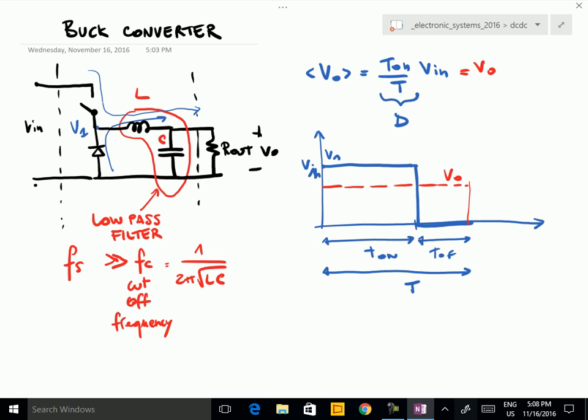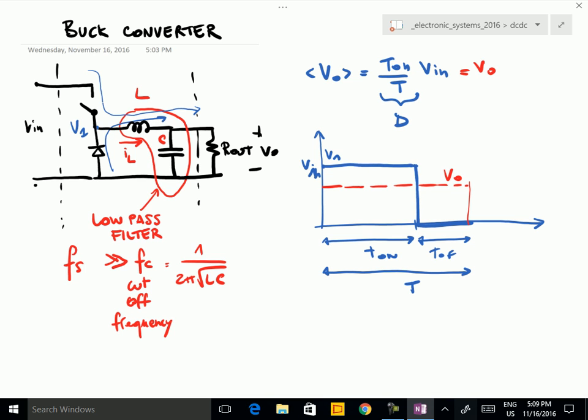Now, one thing that is interesting is to look at the current through the inductor. The current through the inductor is, let us call it IL, and of course it can vary significantly.